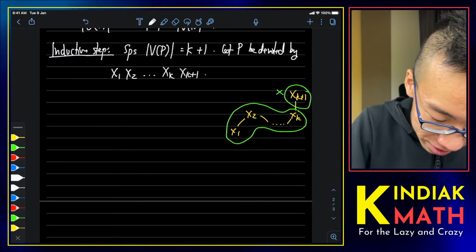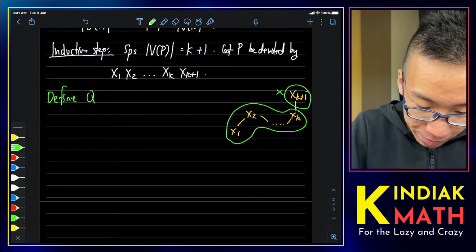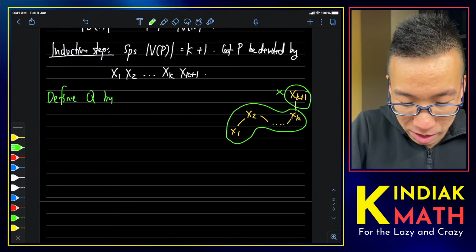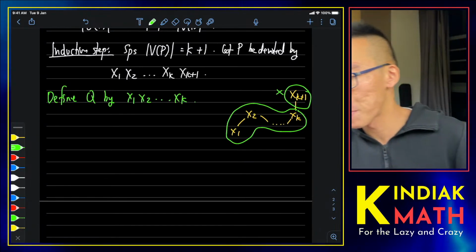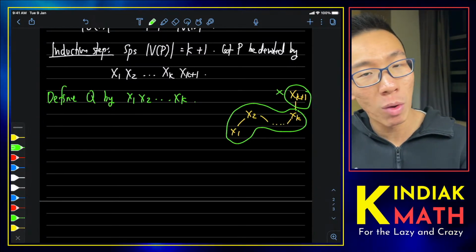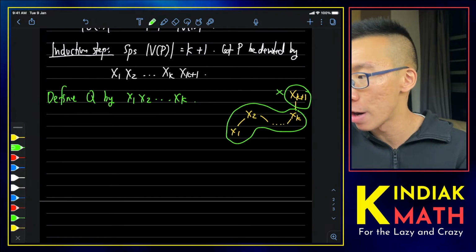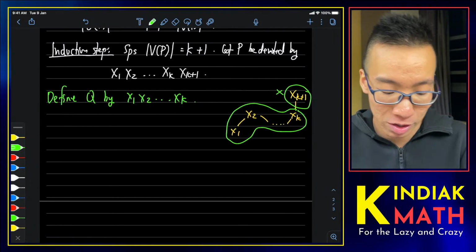So what we're going to do here is define the path Q by this path. Now, I believe you can denote it this way. If you want to be a little bit safer, you could spell everything out in terms of vertex sets and edges, but I think this gets the point across.